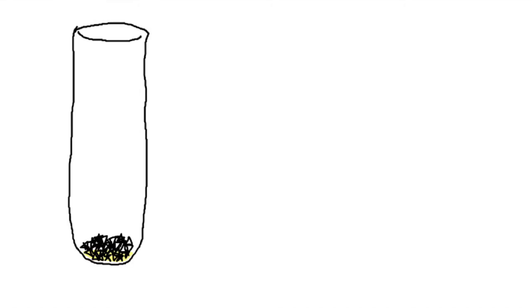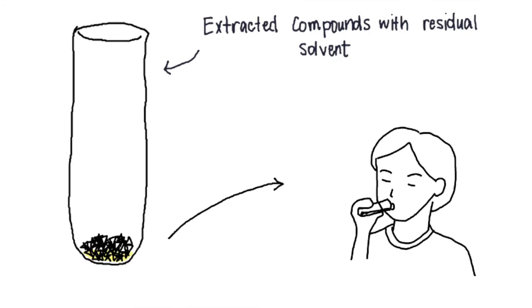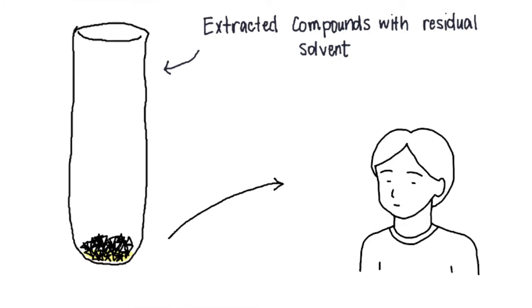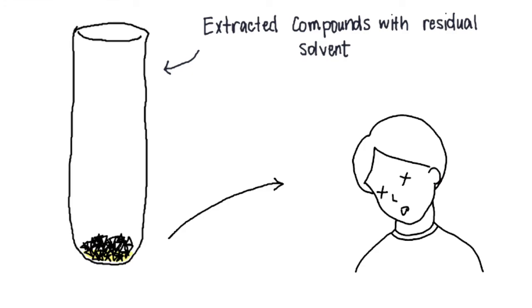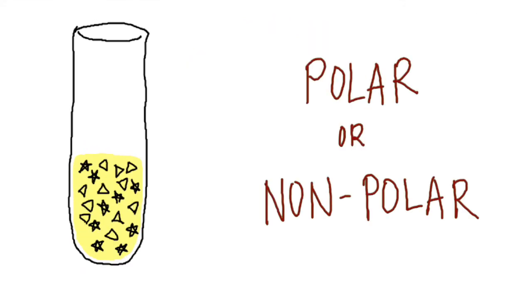Toxicity of the solvent is also a factor. If there are residual solvent on our extracted compounds and we use the extracted compounds as potential drugs, the residual solvent may pose risk. Again, the solvent can be polar or nonpolar depending on the type of compound that you want to extract.